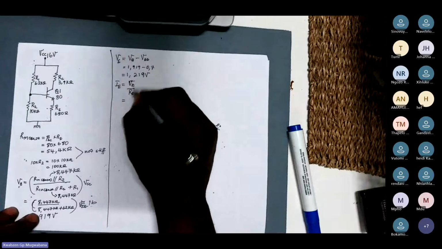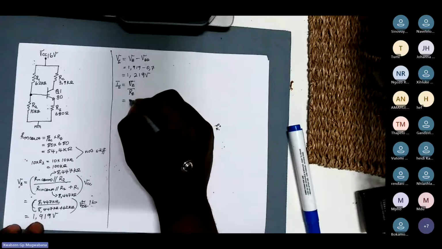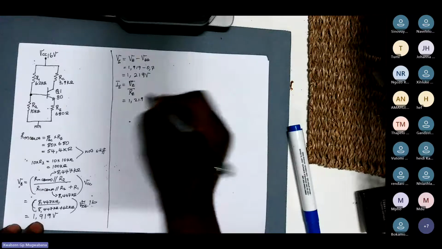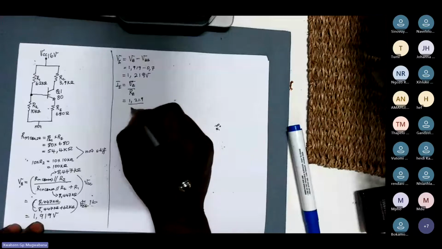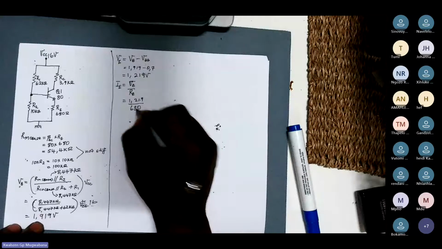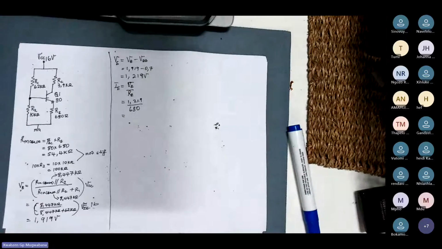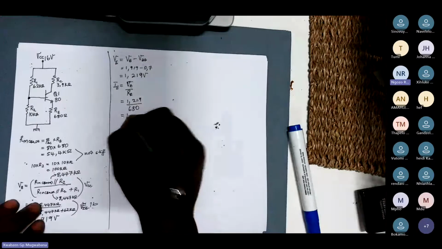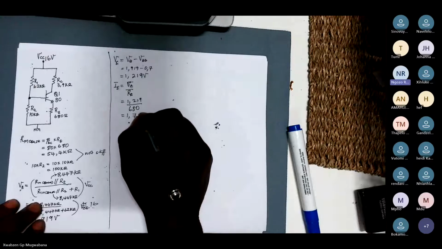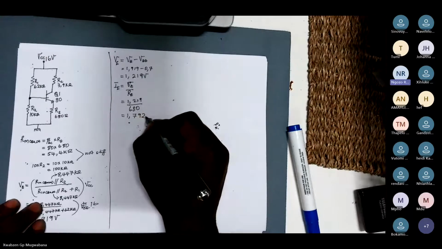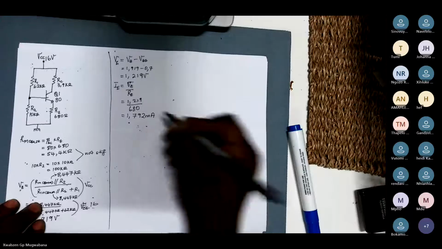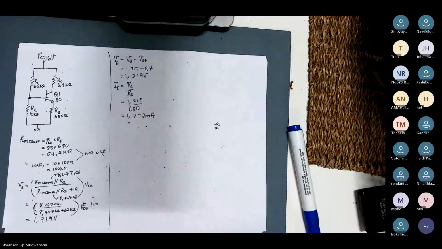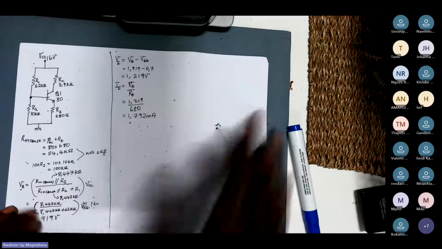VE over RE, then it is going to be 1.219 divided by RE, which is 680, which gives you 1.792 milliamps. Okay? Then after IE, what is the next step?